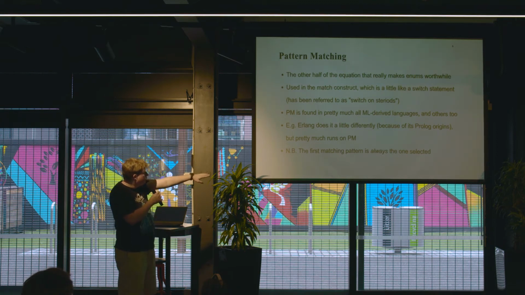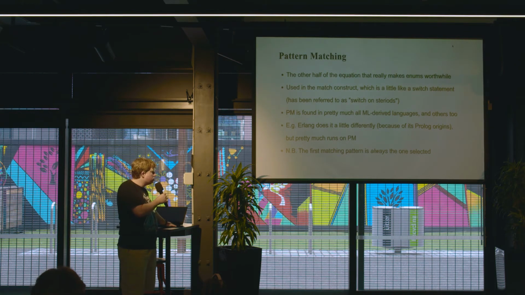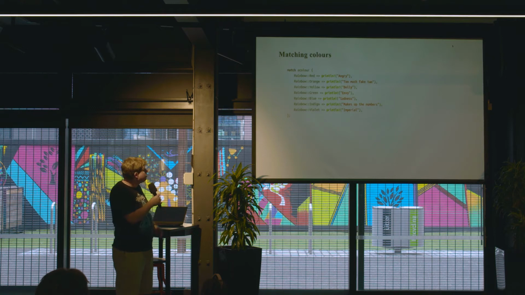Something to bear in mind is that when you're doing pattern matching, you essentially define the cases and it just goes down sequentially. And the first one that whatever you're working with matches is always going to be the one selected, so it's just a top-down search basically. So just bear that in mind.